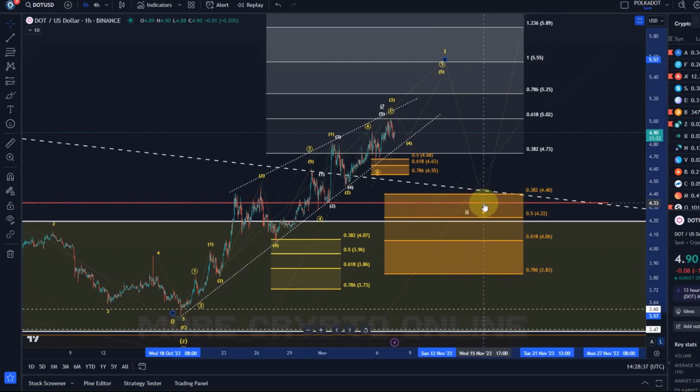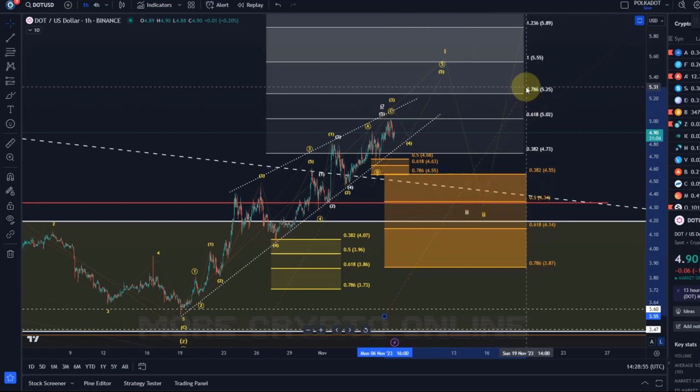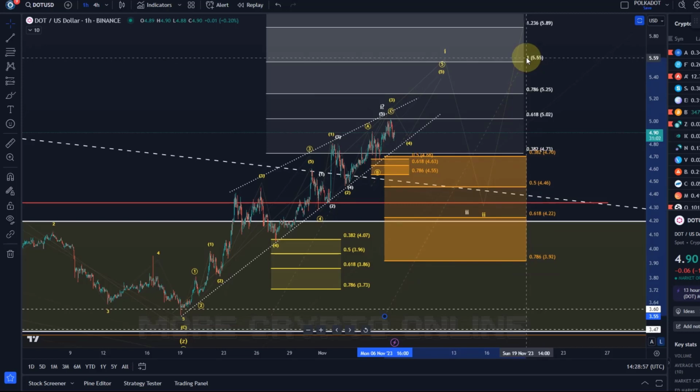Thing is, sometimes when it's very bullish, the wave 2 can be very shallow, but should still reach the 38.2 fib level. Better would be the 50% fib level, and that's at $4.22. But again, if we push a little higher, I have to adjust this support area. Can you see that? The support area will move with the price.